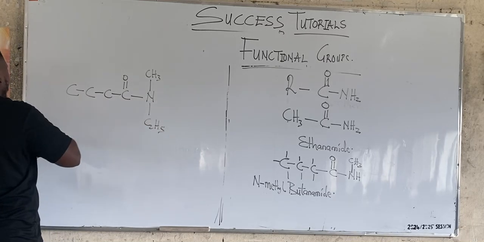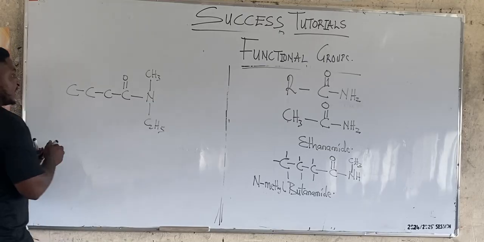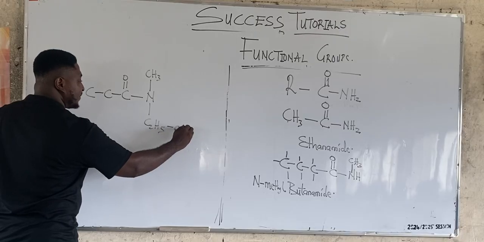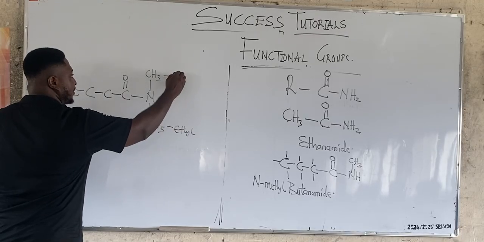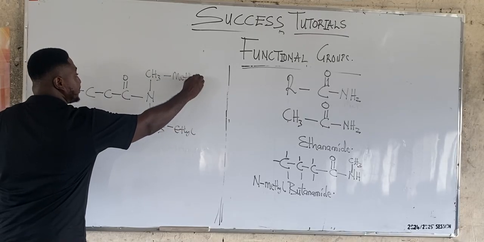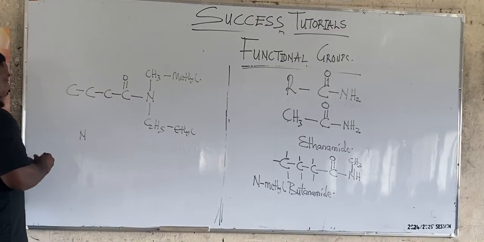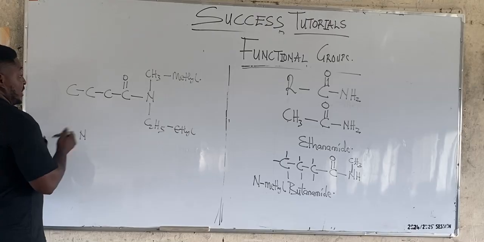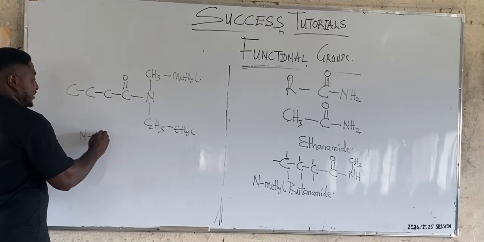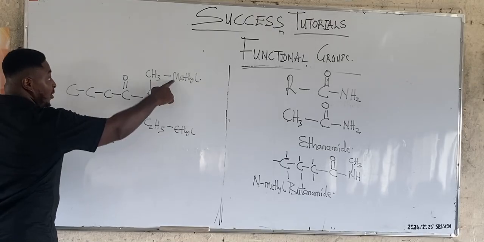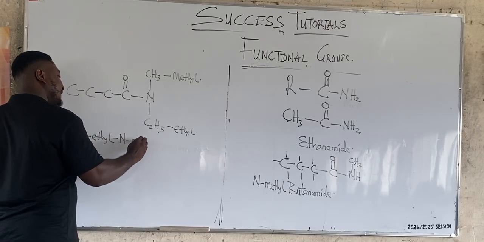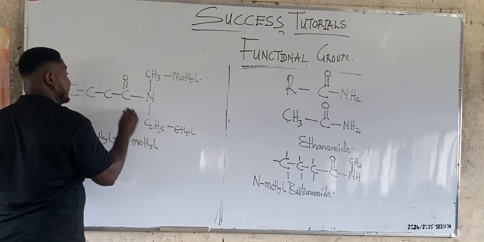This is the longest carbon chain, so this is butanamide, right? We are now going to have N, this ethyl, right? Please follow. This is the last thing, don't worry. You are very close to your pots of soup. Very, very close. We are going to have N-ethyl, N-methyl, butanamide.